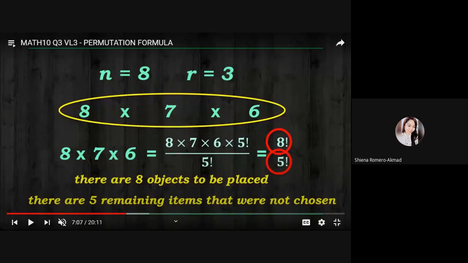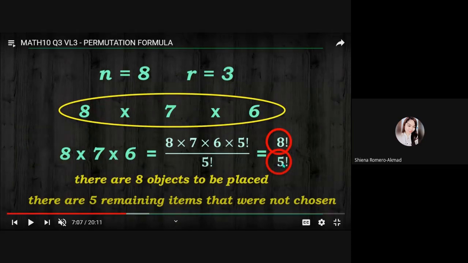Now, itong 5 na to, kaya natin siya nakuha because of 8 minus 3, right? Sa numerator, we have 8 factorial. Sa denominator, we have 5.